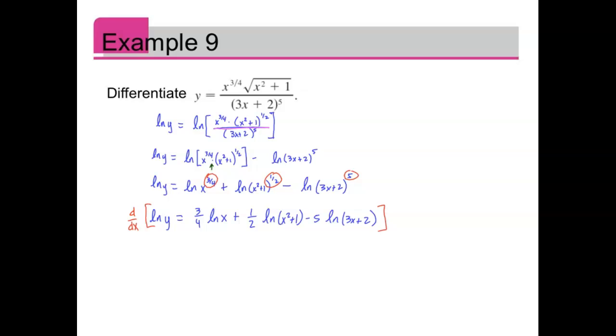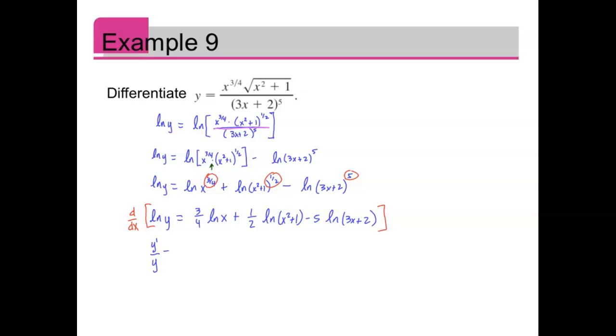So on that left-hand side, when you take the derivative of natural log y with respect to x, you're going to end up with y prime over y. And that's just chain rule, right? Pretty much any time that you use this technique, logarithmic differentiation, that's what you should end up with on the left-hand side, y prime over y.